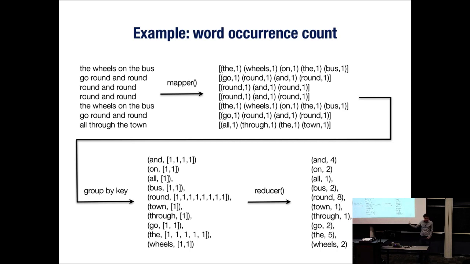And then finally, each one of these elements is now passed to the reducer function. In this case, the reducer function would just take the key and sum up the values. That would then output another list of key value pairs that have the key and the value, but now where the value is a single number that counts how many times that word occurred.